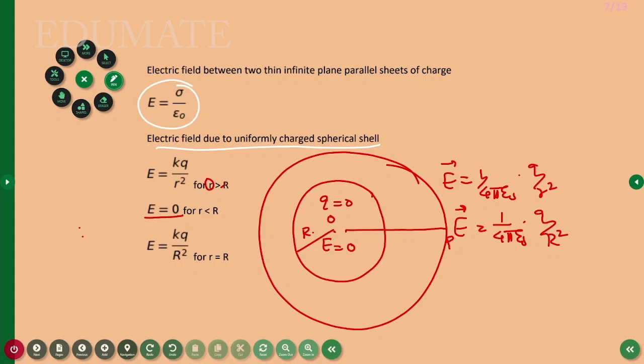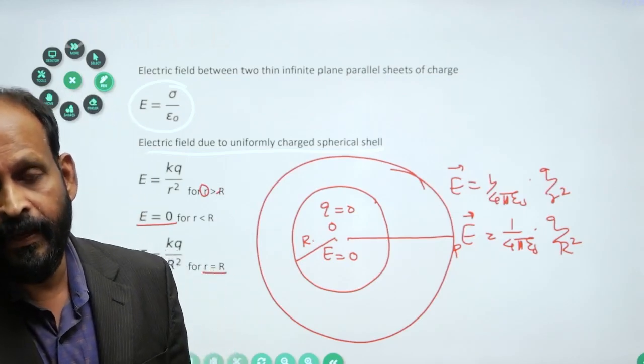On the surface, the maximum charges reside, so the field intensity is maximum there, and it can be written as K into Q by R square. That means the point P lies on the surface, therefore small r is equal to capital R. The value of K is always 1 by 4 pi epsilon naught.